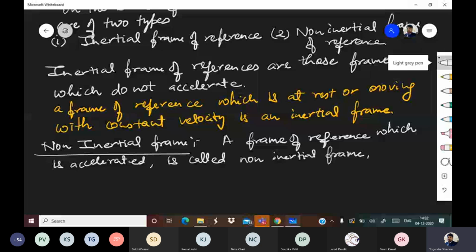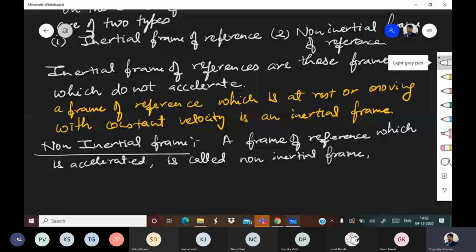Now I have a question to ask before we move further. Our Earth, what kind of frame of reference is it, inertial or non-inertial? Please tell.